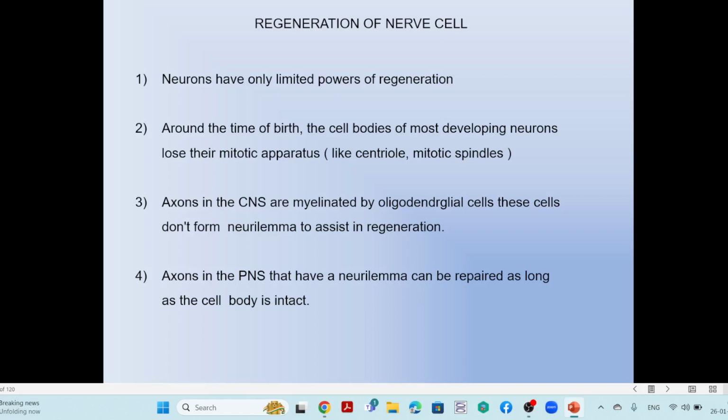But the axons in the peripheral nervous system that have a neurolemma can be repaired as long as the cell body is intact. That layer helps in the repair, as long as the axon is connected to the cell body. That is the important point.